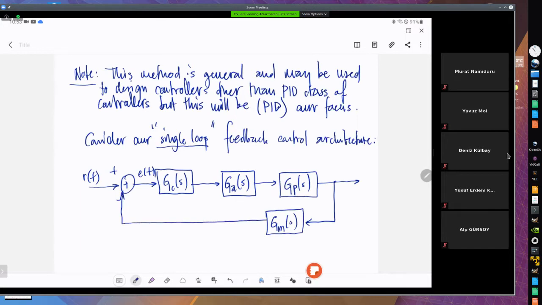Okay. Usually we simplify this model by simply considering all this thing basically as the plant model as seen by the controller.